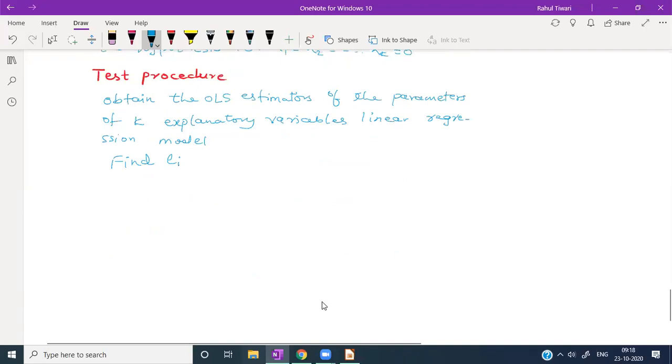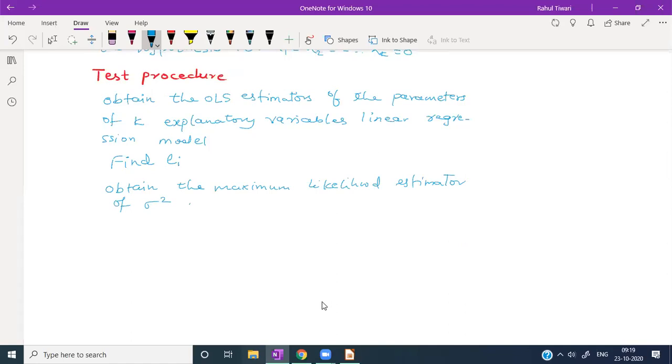Once you obtain ei, obtain the maximum likelihood estimator of sigma square.